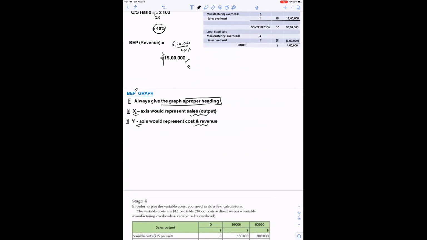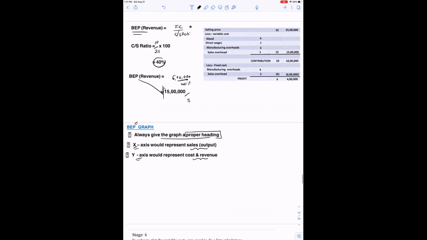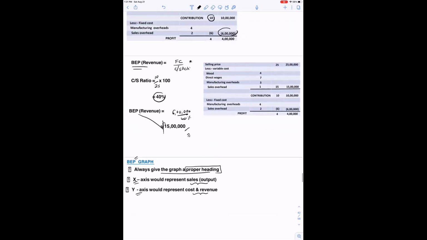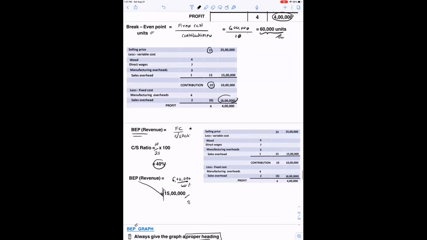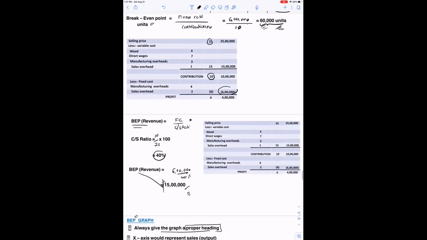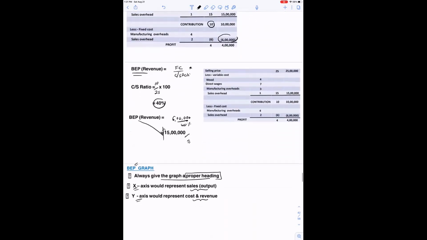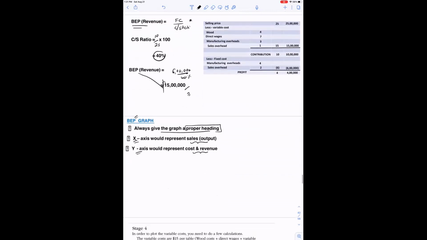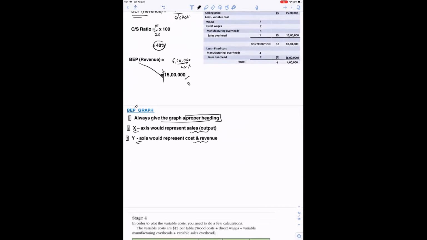But you now only have break-even point revenue. You have 15 lakh revenue at 60,000 units. When you sell 60,000 units, your revenue is 15 lakh, and the 15 lakh is not going to give you any profit or loss. Let's check.